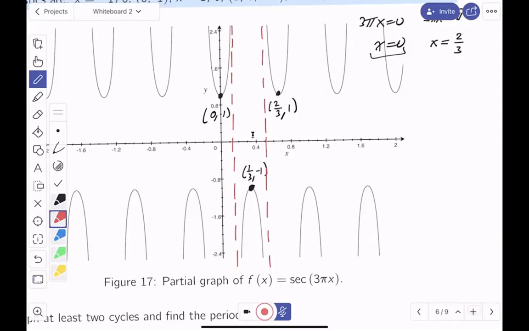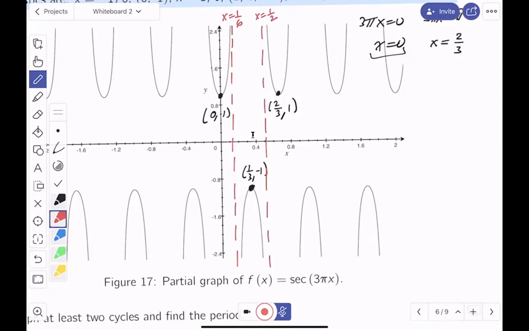Put that down. X equals 1/6. And what's the center between 1/3 and 2/3? Well, if you add those two numbers, you get 3/3, and divide by 2, you get a half. Not 0.5, right? Roughly right.